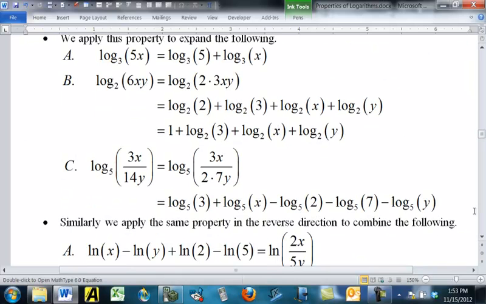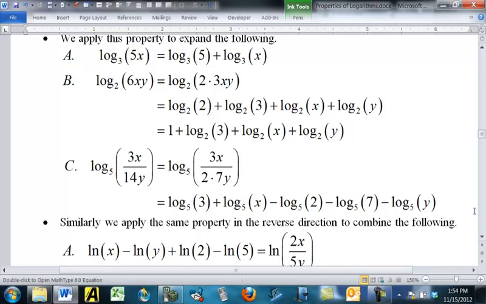Now, here are some examples. So log base 3 of 5 times x is log base 3 of 5 plus log base 3 of x. Log base 2 of 6xy. Just like we did when we were working with properties of exponents and radicals, we want to take the constants and factor them into prime numbers, prime factorization.